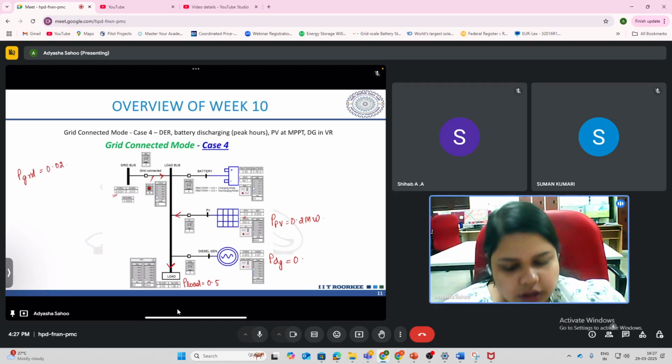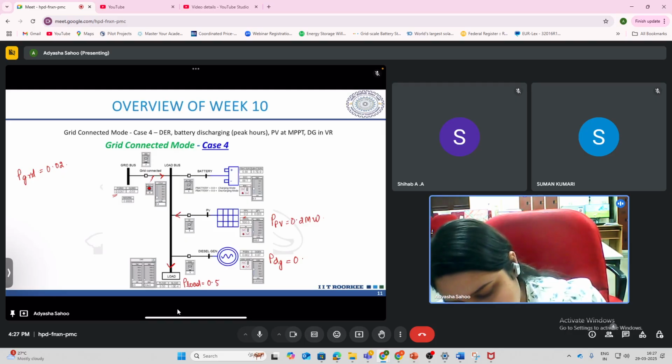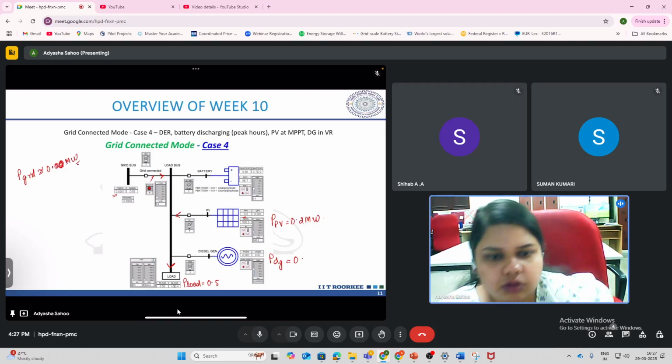So what should the battery do? Charge or discharge here? What will happen?